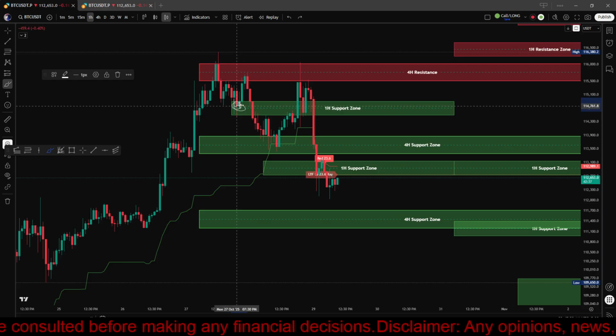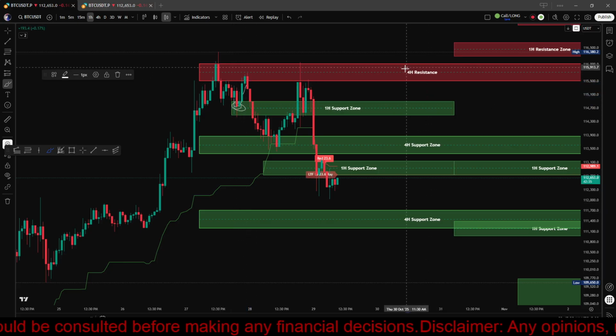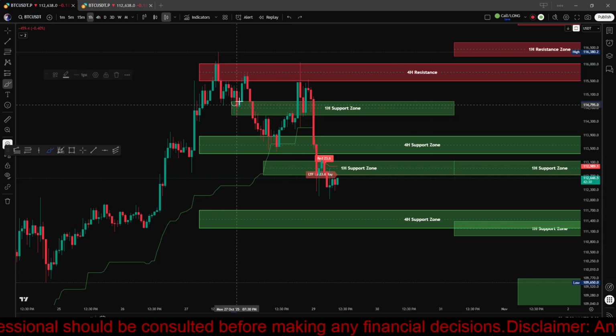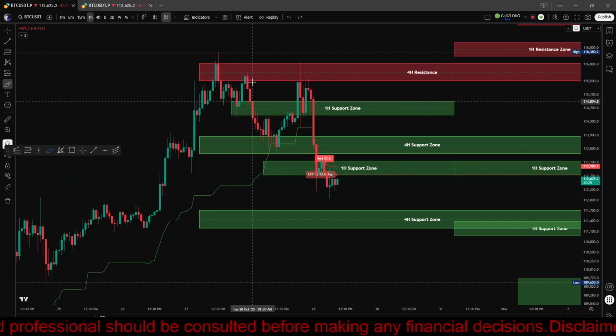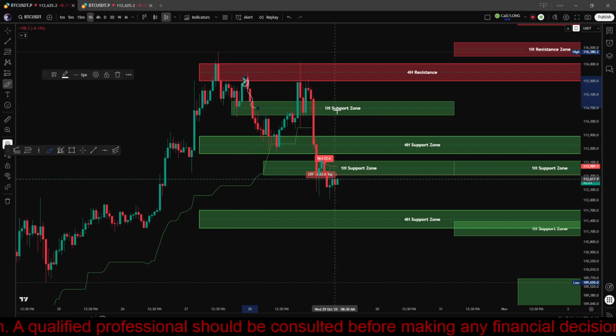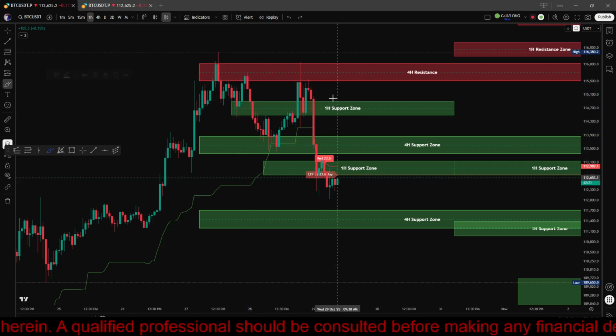Here prices took a support. It tried to bounce to this higher time frame resistance. It tried to break this level, but it was an unsuccessful attempt, and then prices started sharply falling, even breaking this 1 hour support.